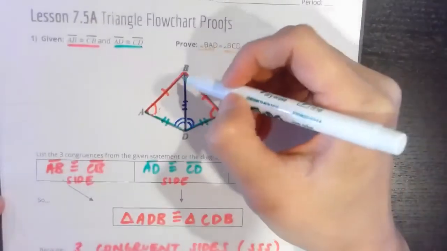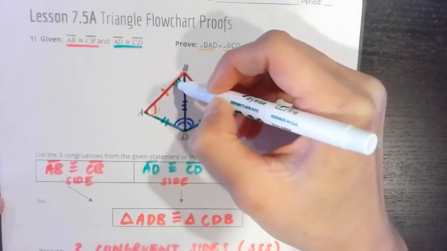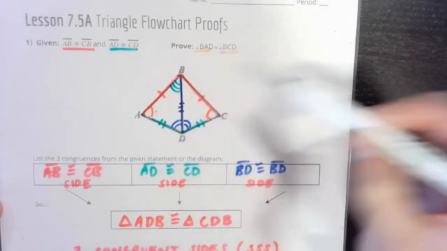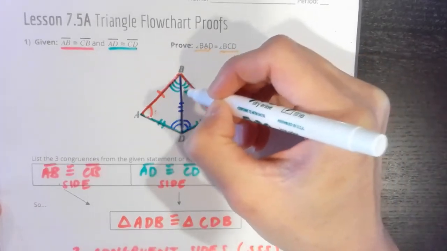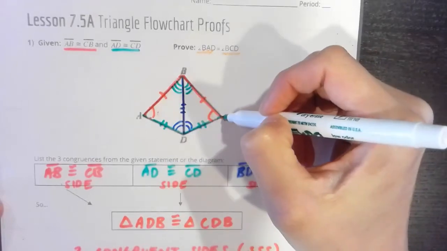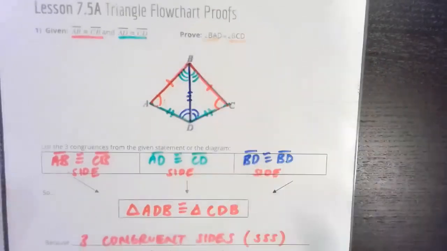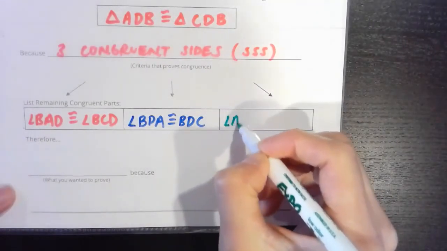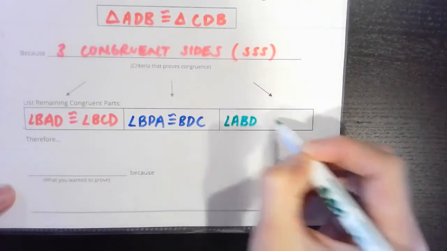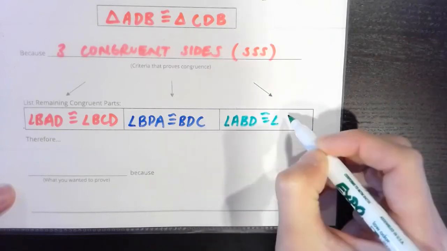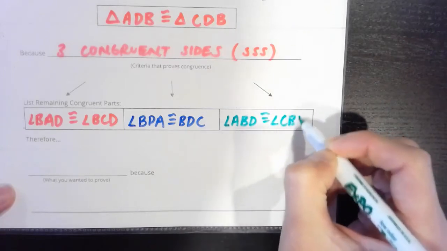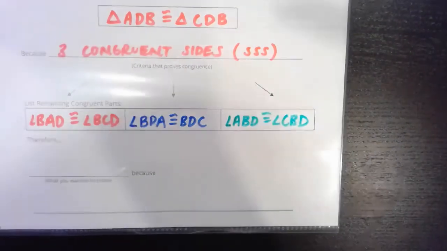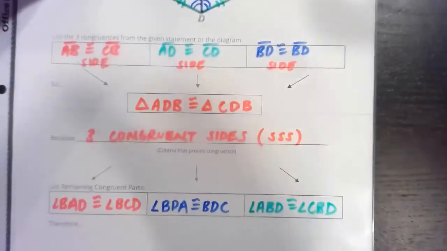And I know that this third angle here, which is ABD, has to be congruent to this angle here, which is CB and then a D. So angle ABD is congruent to angle CBD. These are the three other parts that we can also conclude are congruent.